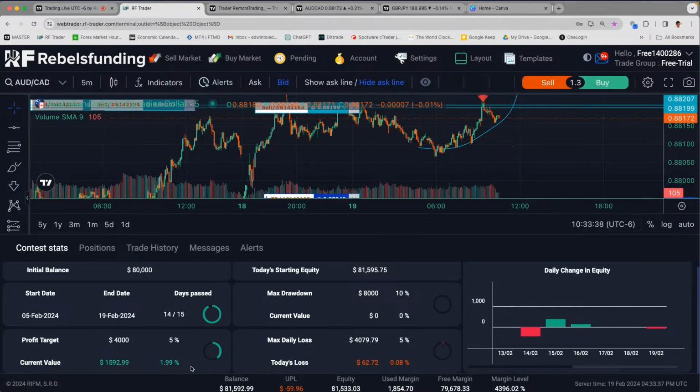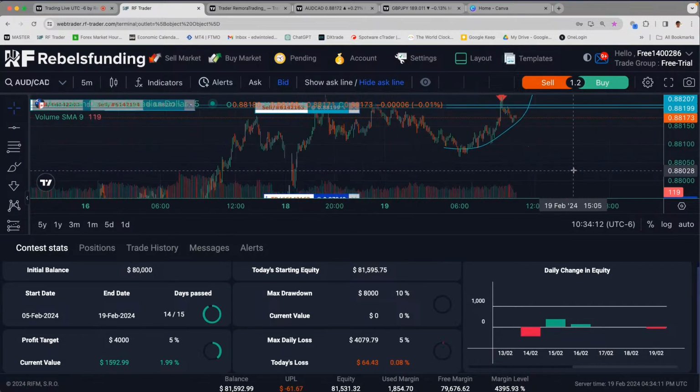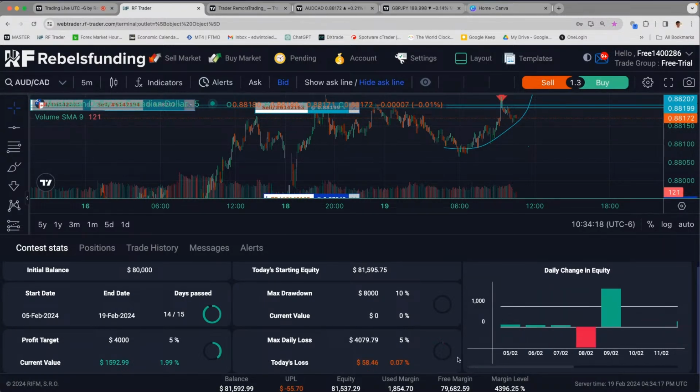Starting the third week on this account, I think we are good in terms of risk, in terms of stop losses and profits. This thing is consistent.